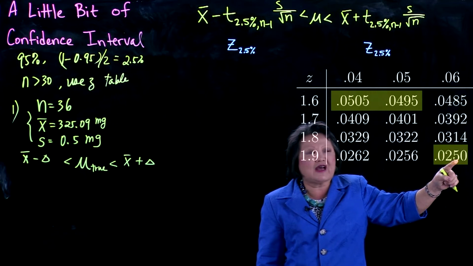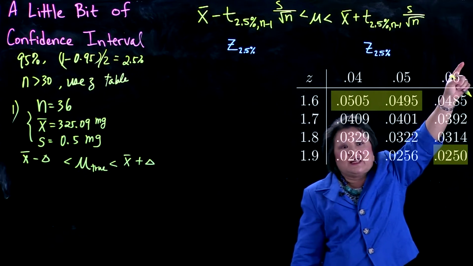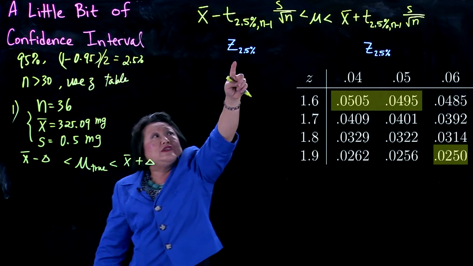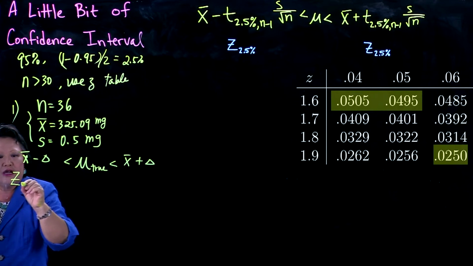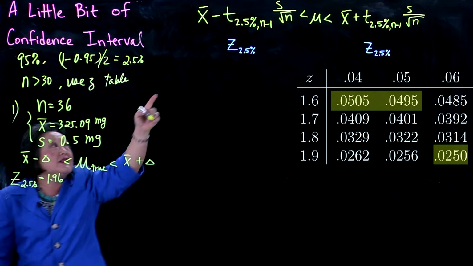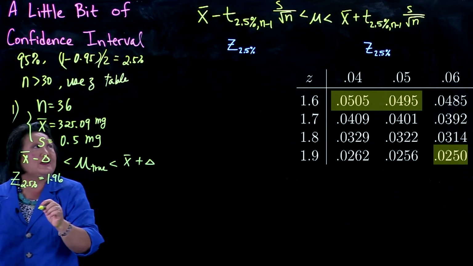And what is the Z value? You look over here, it's 1.9, and the second digit is 6. So it's 1.96. We use a Z value here because we have n larger than 30. So Z of 2.5% is 1.96. Then S is this value right here, 0.5, and so we're in business.